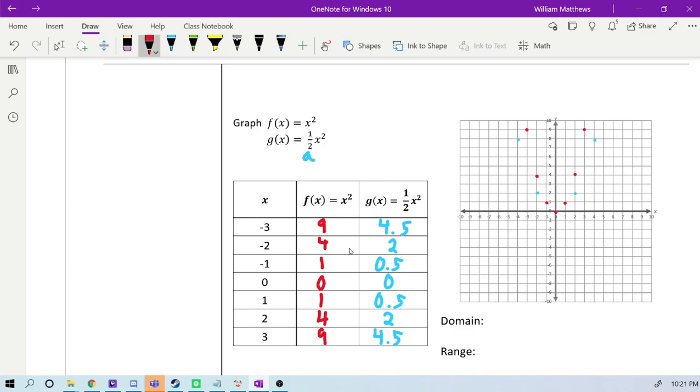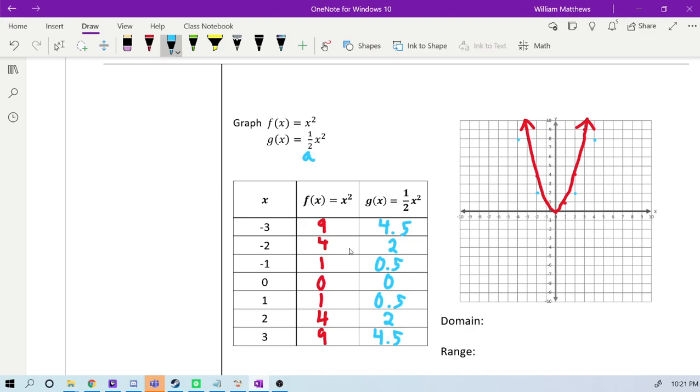Now, just like all the other ones, to compare it to the parent function, I'll fill out the graph now. Red, our parent function, showing that there are no changes, nothing multiplied, added, or subtracted.